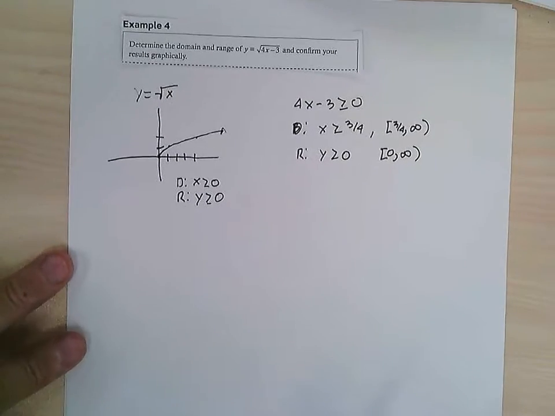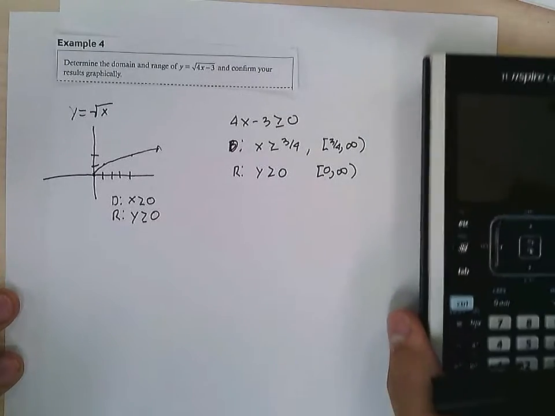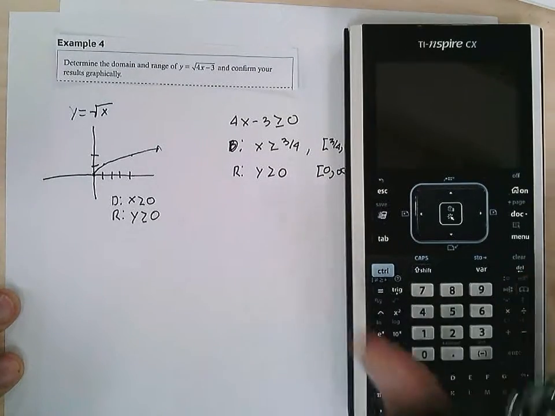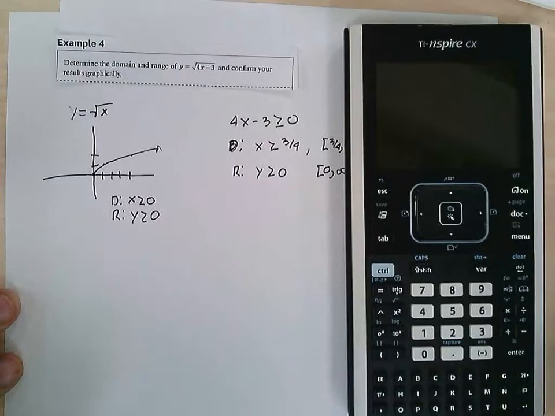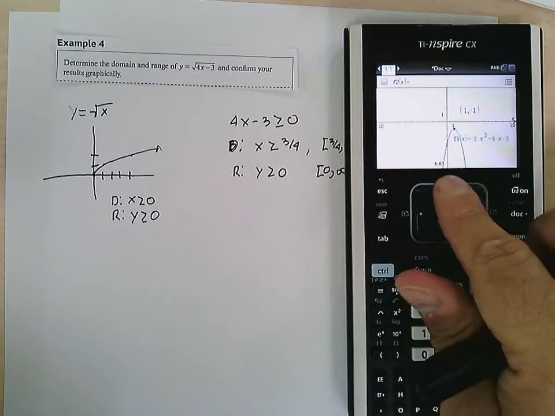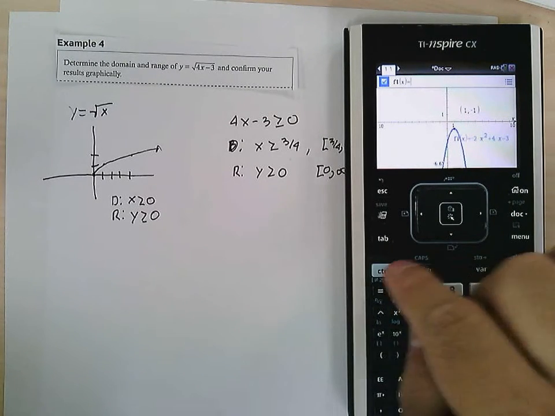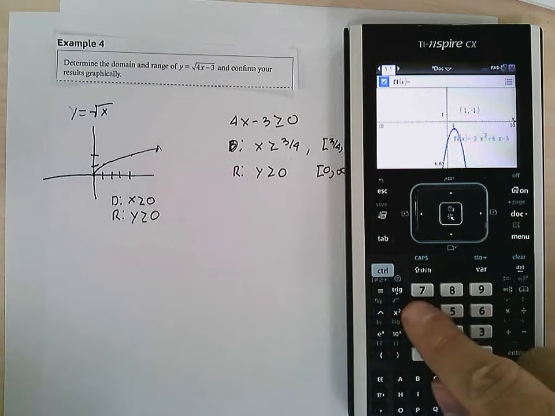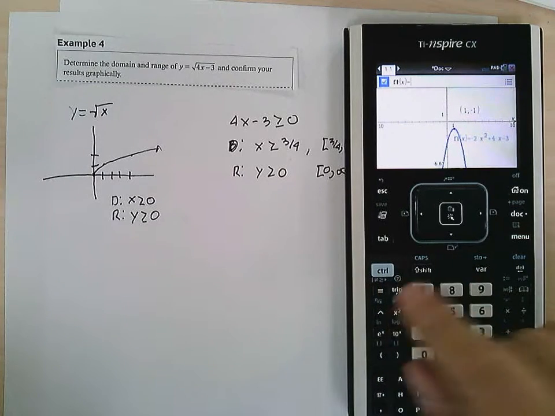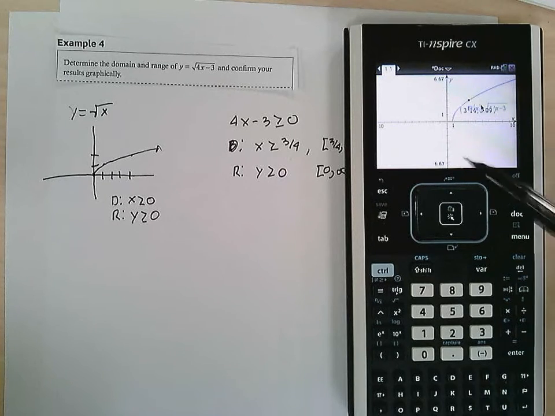Now, let's confirm our answers with the calculator. If I want to type over the old equation, I'll hit tab. I could also delete all this out, press control, and right underneath the x squared key I get the square root, and then it's 4x minus 3, and I get my equation.